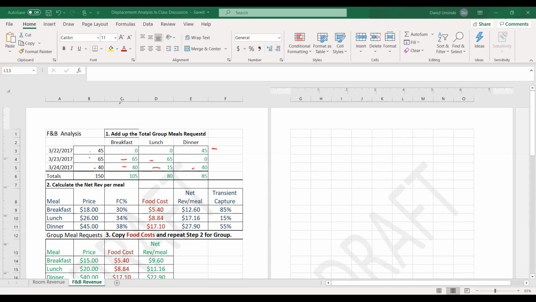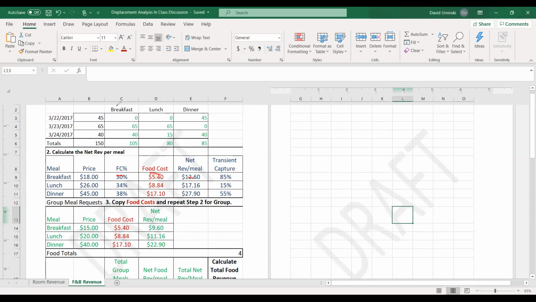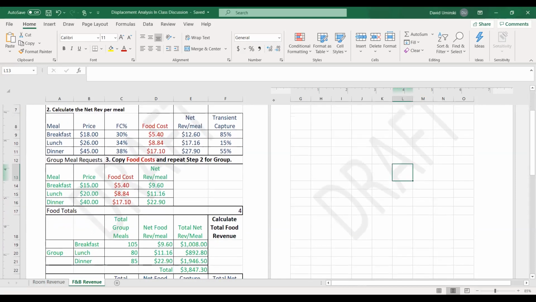Questions about that before we move on? So that's the first thing you want to do: total up what the total breakfast, lunch, and dinner needs are going to be. And then we move on to the math.